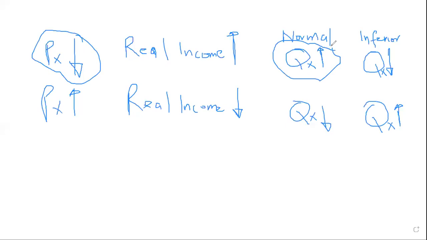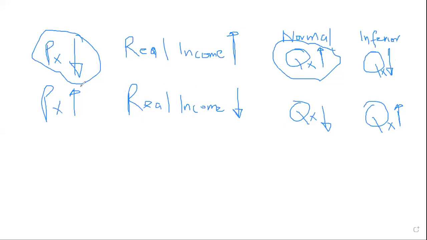For inferior good, income effect is positive because price has fallen and then quantity also falls because the commodity is an inferior good. So for inferior goods, the income effect is positive.